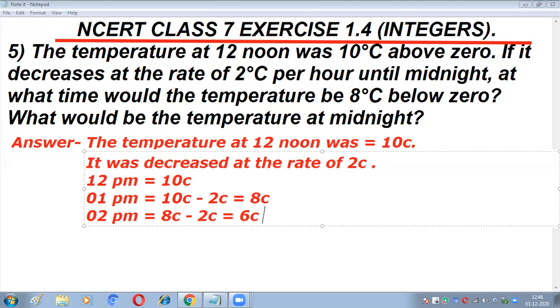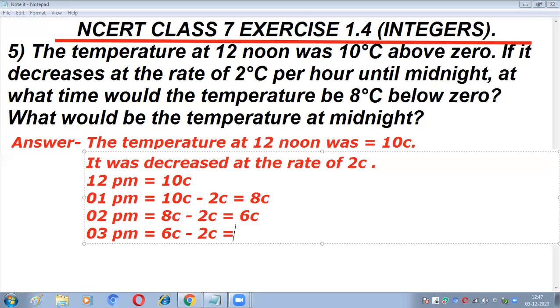Now 3 p.m., what will be the temperature? 6 degrees Celsius minus 2 degrees Celsius is equal to 4 degrees Celsius.